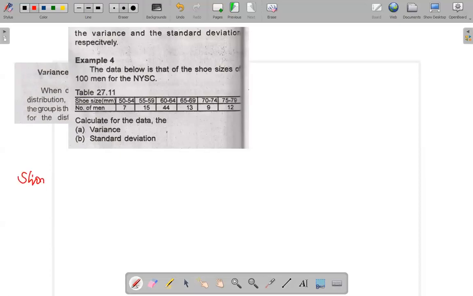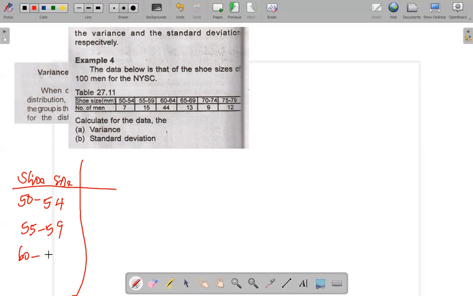The shoe size is given in ranges: 50 to 54, and the next one is 55 to 59. The next is 60 to 64.